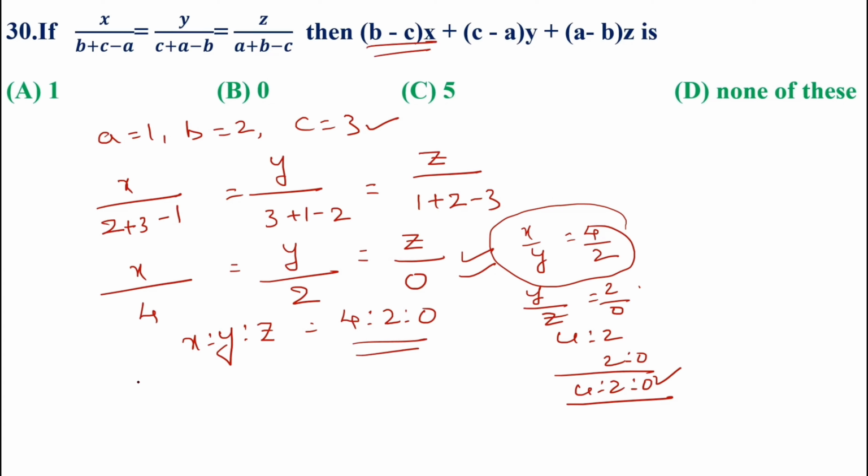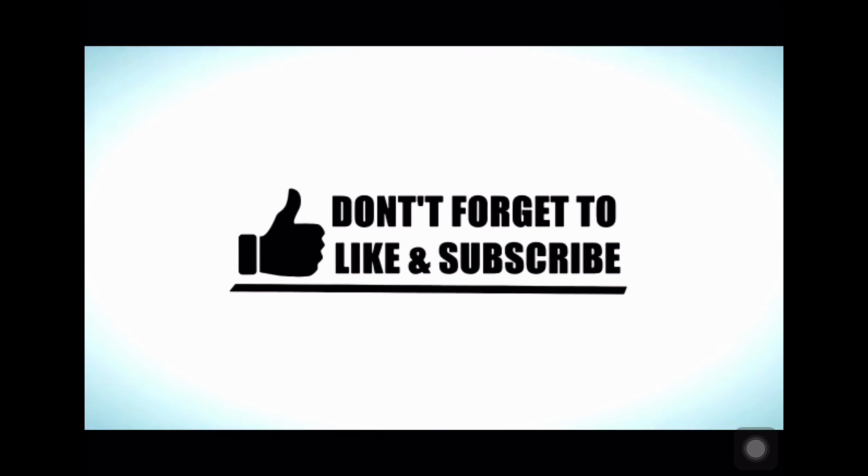B minus c means 2 minus 3 into 4, plus 3 minus 1 into 2. So (a minus b) into z means 0. It's not necessary to calculate. So minus 1 into 4, minus 4. Here 2 plus 4. So plus 4 minus 4 is equal to 0. So the answer is option P.